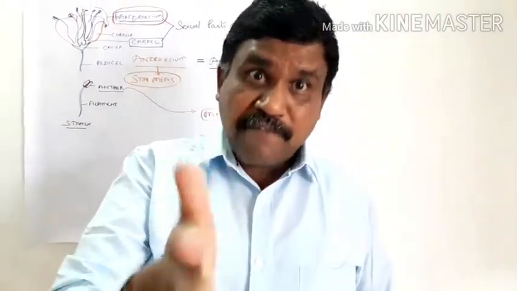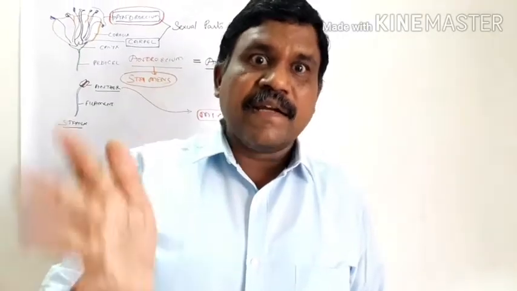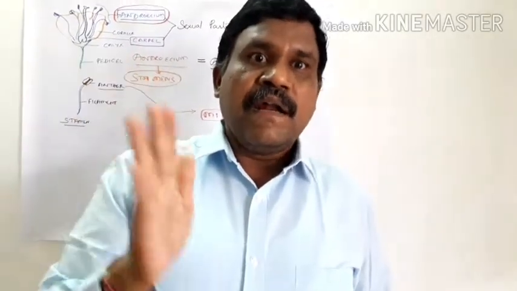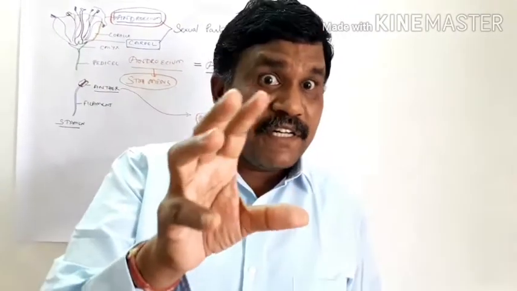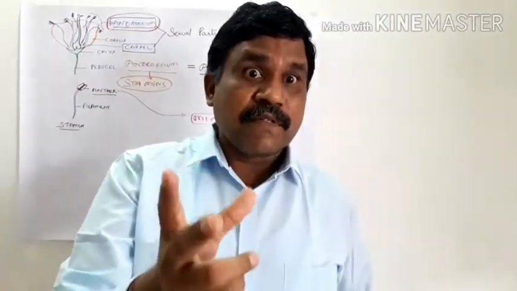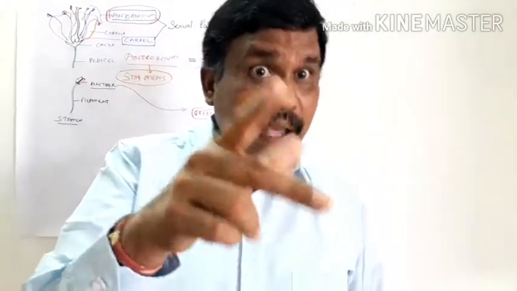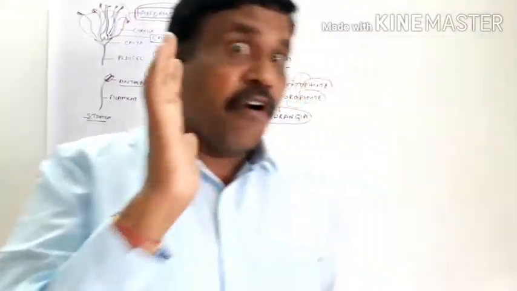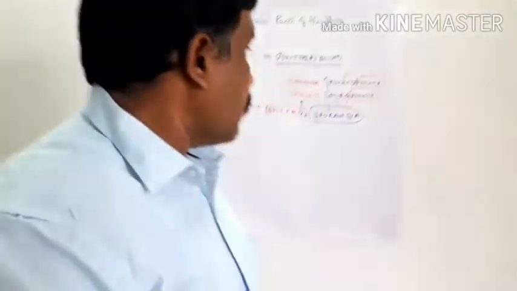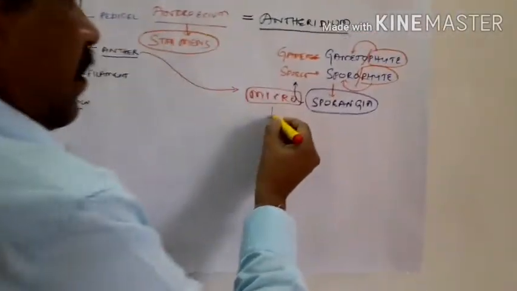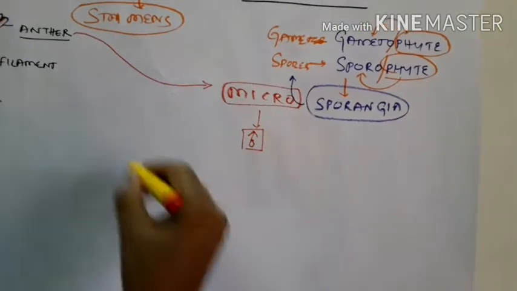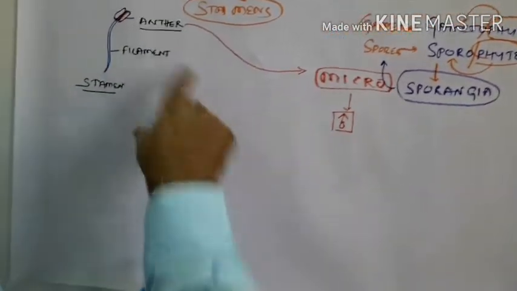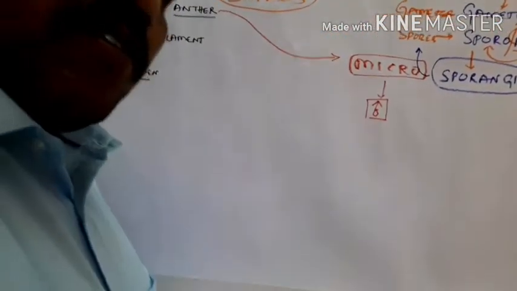But from pteridophytes onwards, for example in Adiantum, Marsilea, Equisetum and other ferns, the spores are differentiated into two types: microspores and megaspores. Micro reflects the male part. So the anther here is nothing but a microsporangium.